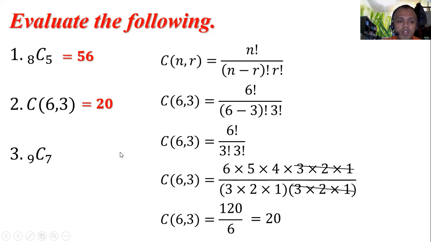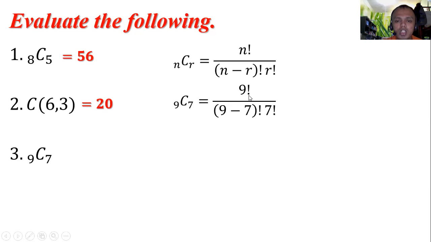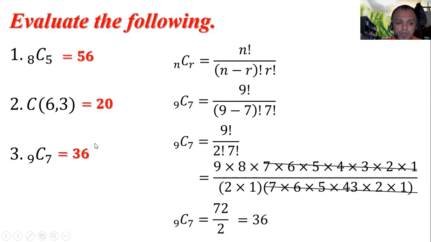So we have 20 here. Next, 9C7. Your n is 9, your r is 7. 9 minus 7 is 2. Then 9 factorial over 2 factorial times 7 factorial. Cancel out the 7 factorial. What remains is 9 times 8 is 72. 2 times 1 is 2. 72 divided by 2 is 36.